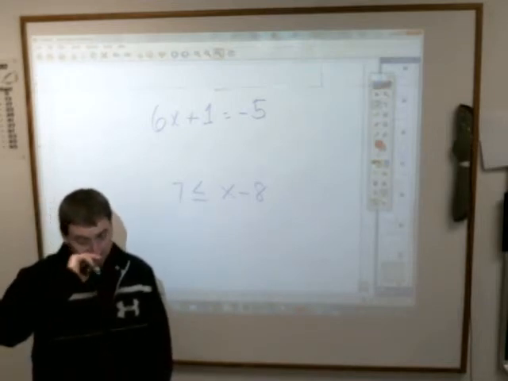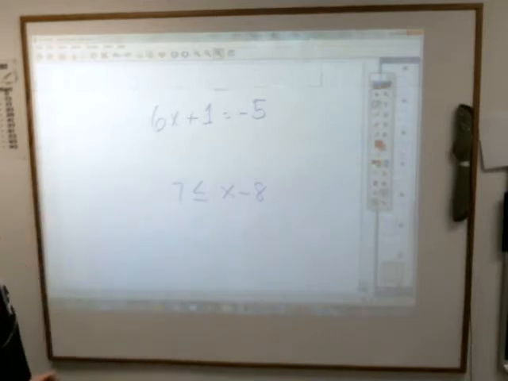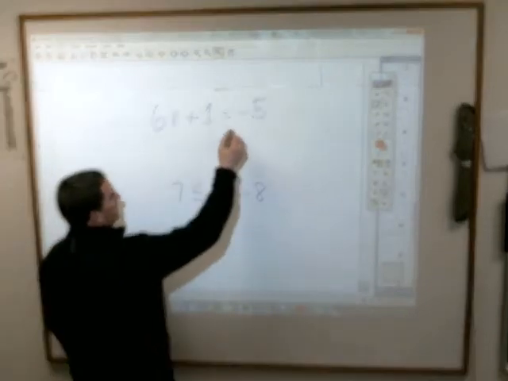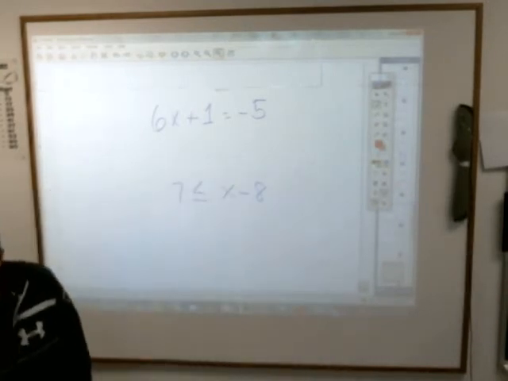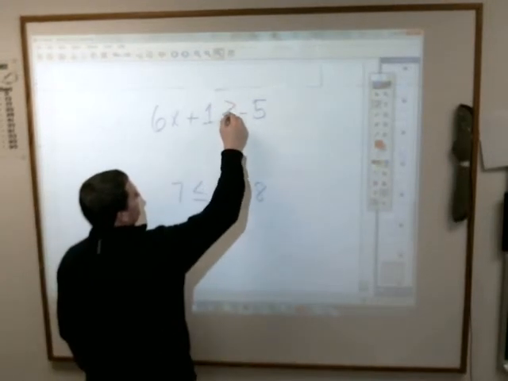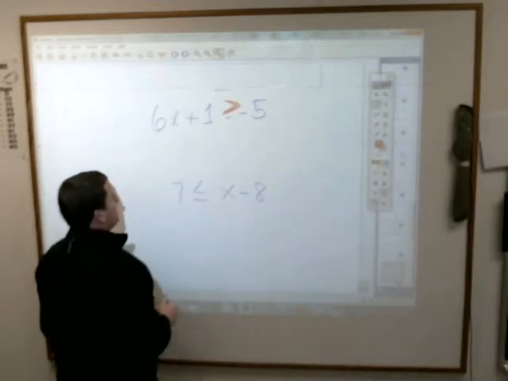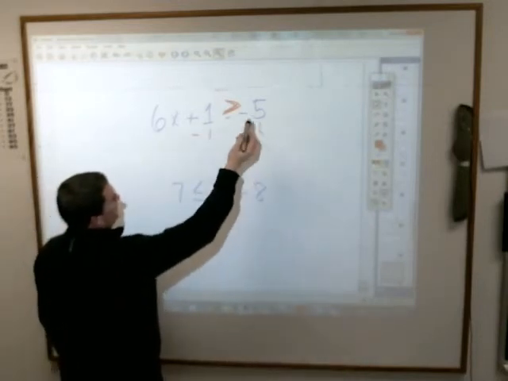I didn't know that. Alright, for the top one there, Sam Poppin says he got what? X's. I'm sorry. Did I not put the greater than or equal sign up there? It was supposed to be this. Well, anyway, if you did this, you subtracted your 1, you still solved it the same way.